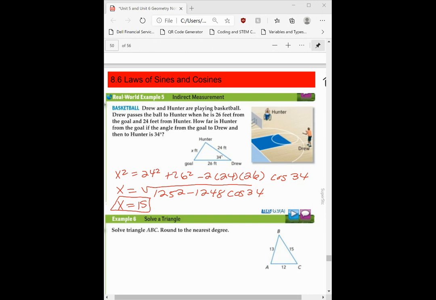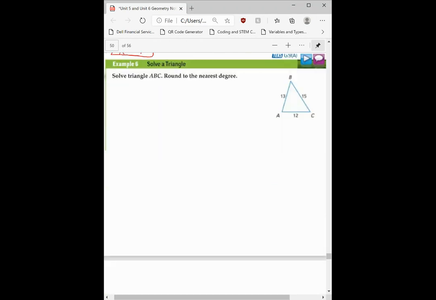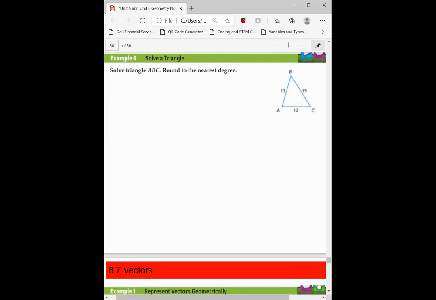Let's look at example 6. Okay, and example 6 is going to be the last example in this section. Since 13 squared plus 12 squared does not equal 15 squared, this is not a right triangle.